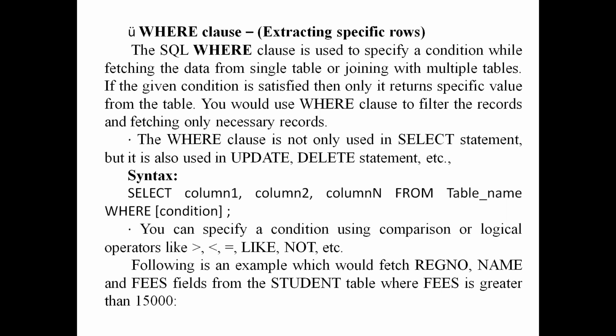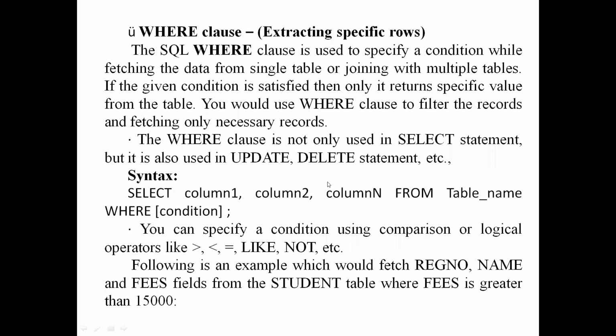The where clause is used to specify the condition while fetching data from a single table or joining multiple tables. It means this statement clearly states that the where clause can be used to specify the conditions for fetching the data from one or more tables.